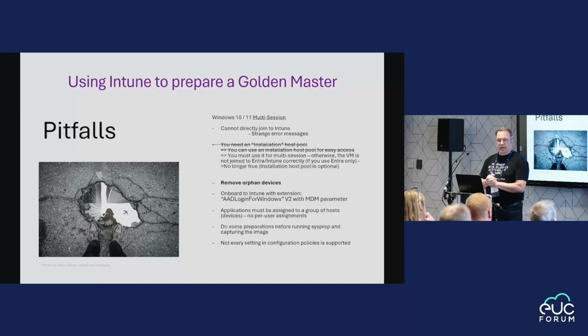And we have to do some cleanup before we capture the image or run the sysprep. We have to remove some things like registry settings and also some certificates, so that our clone or our image is clean and fresh, and that we can do an Entra ID join again with this image and also join it into Intune again.